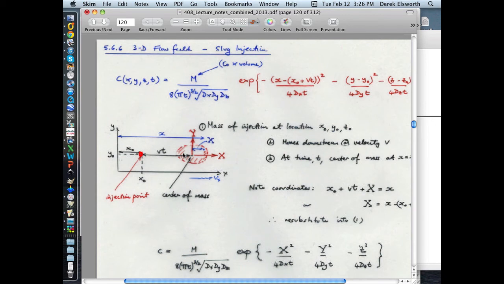And you know that you have a flow field where the velocity is in the x direction, and the velocity in the y direction is 0. There's some advective flow velocity which is driving flow. And you'd like to be able to say exactly what the plume looked like at some later time.